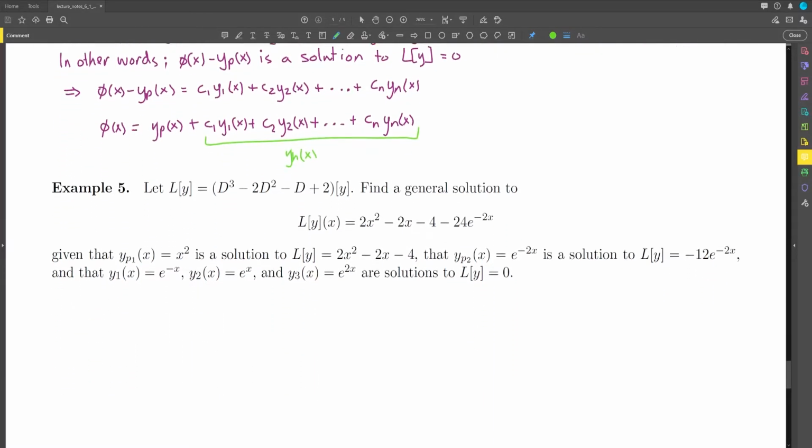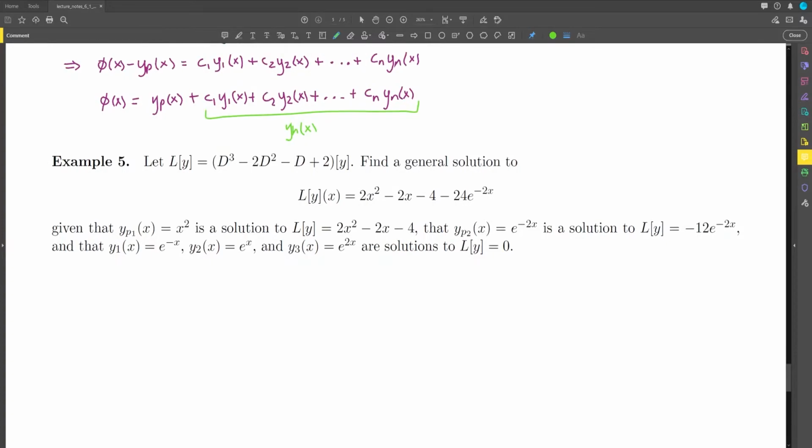Okay, so first of all, in order to find a general solution, we need to find a particular solution, and we have parts here. One thing that we can see is that yp1 equals x squared is a solution to the differential equation where the right-hand side is equal to 2x squared minus 2x minus 4, and that's exactly what we have here.